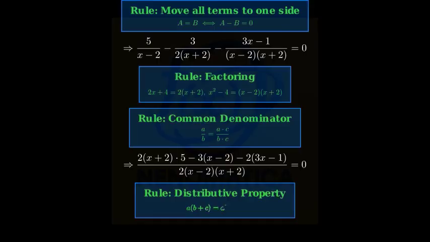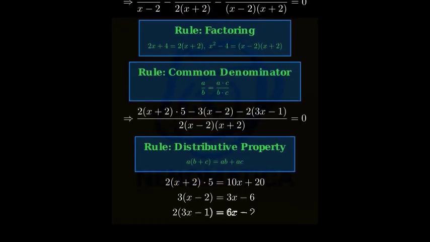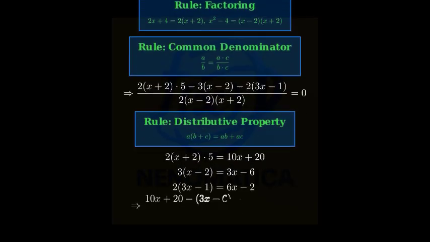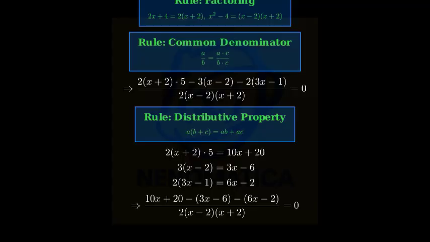First, 2 times x plus 2 times 5 equals 10x plus 20. Then, 3 times x minus 2 equals 3x minus 6. Finally, 2 times 3x minus 1 equals 6x minus 2. So our equation becomes 10x plus 20 minus 3x plus 6 minus 6x plus 2 all over 2 times x minus 2 times x plus 2 equals 0.